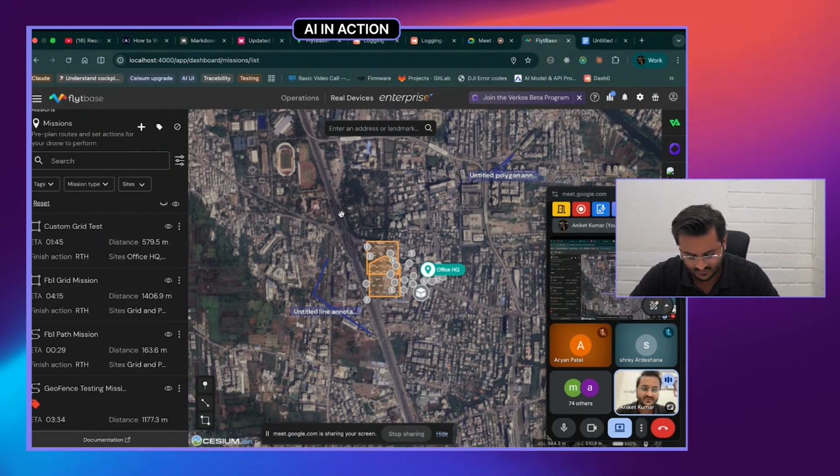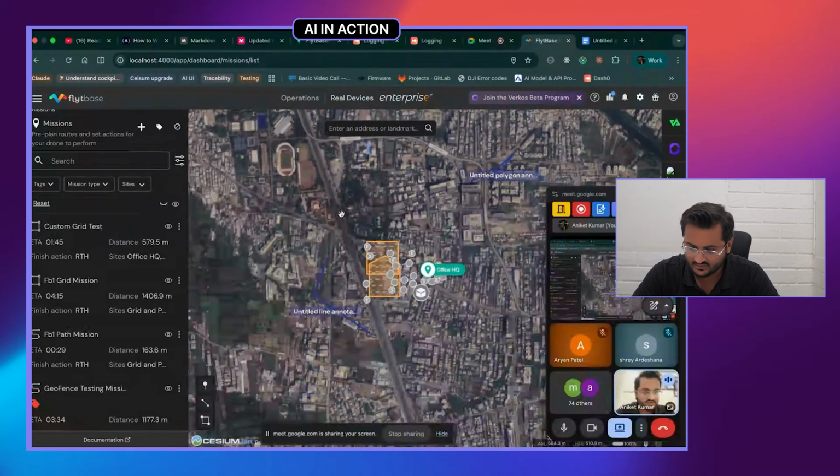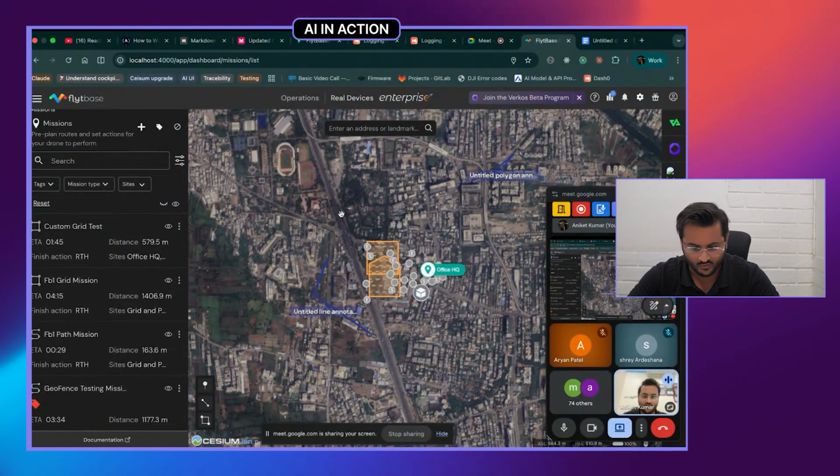That is the gist of what the problem was and what solution I came up with. If you have any questions, we are open to address those.